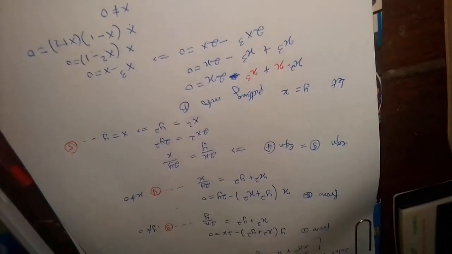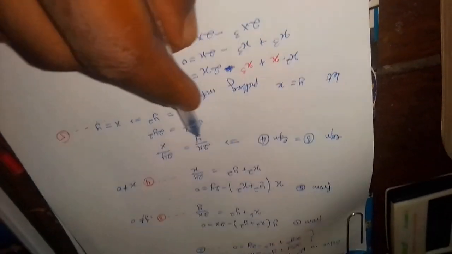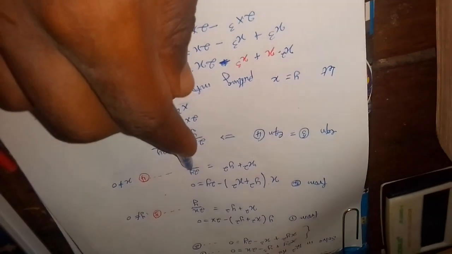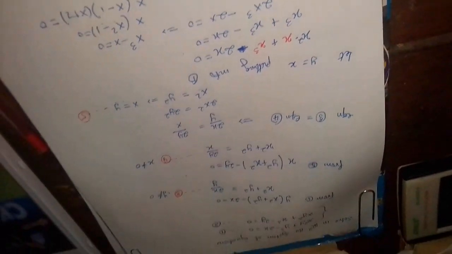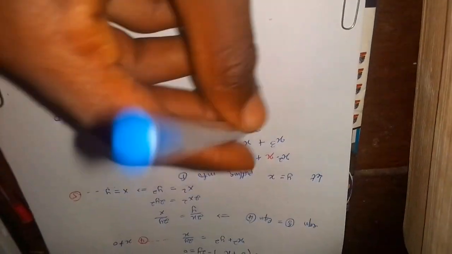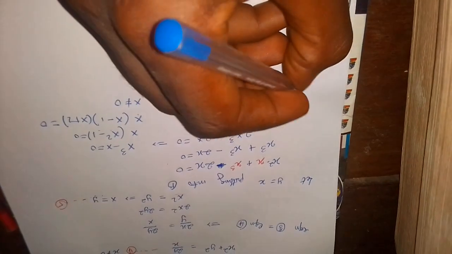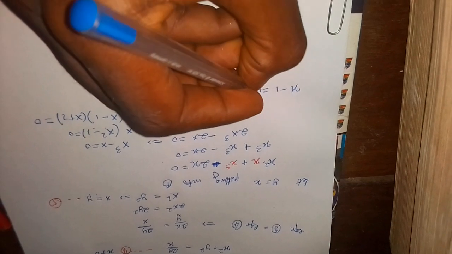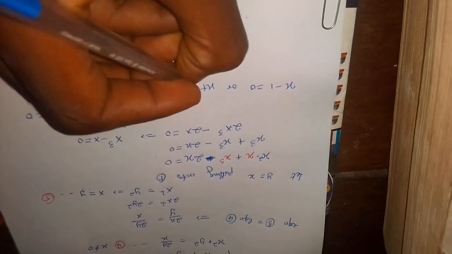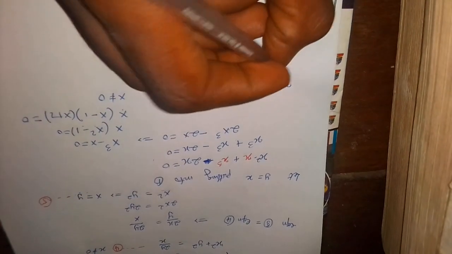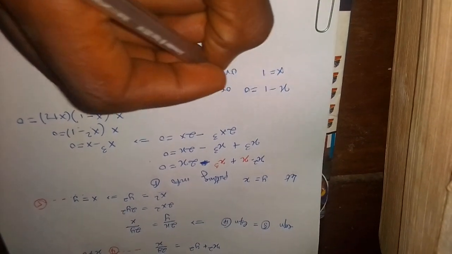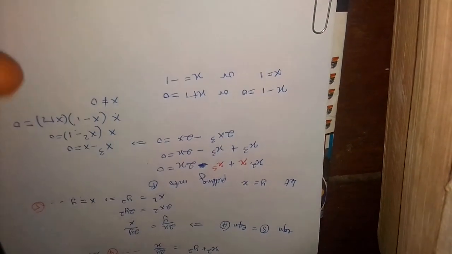And this comes from equation number 4, where we have 2y over x, so we cannot, division by 0 is undefined. So it follows from here that x minus 1 equals 0 or x plus 1 equals 0. So I have x equals 1 or x equals minus 1.